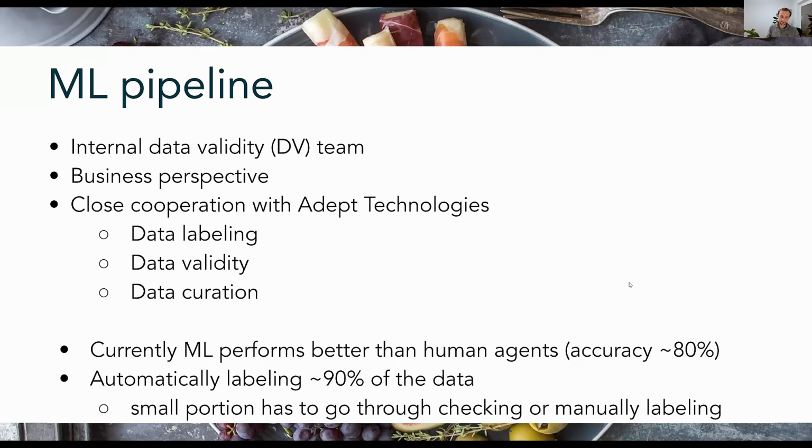But to be sure that the customer is getting the right labels, we have a team to which we direct this data, the human agents, and they manually label the data that we, as the ML team, are not sure we can label with high enough accuracy and precision.